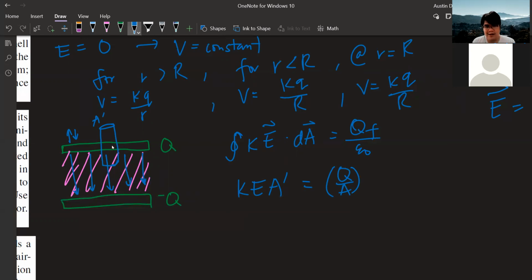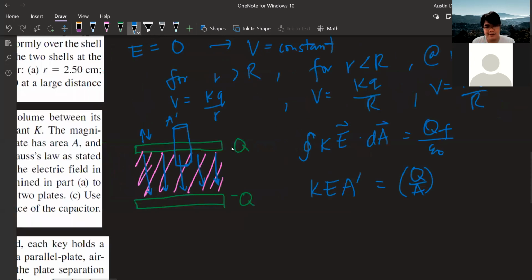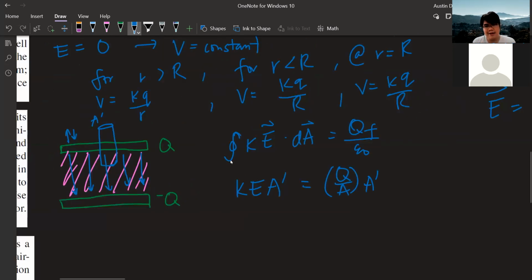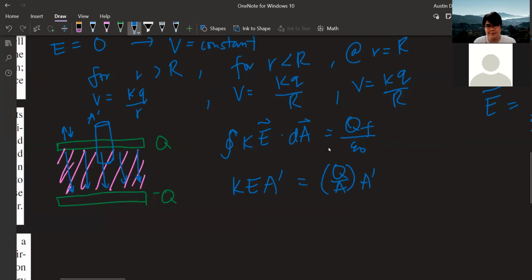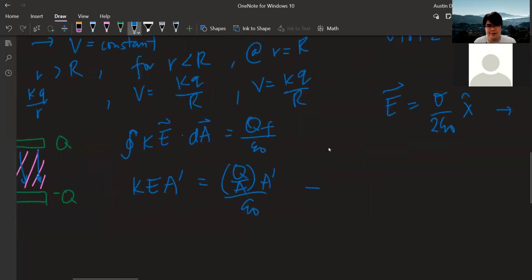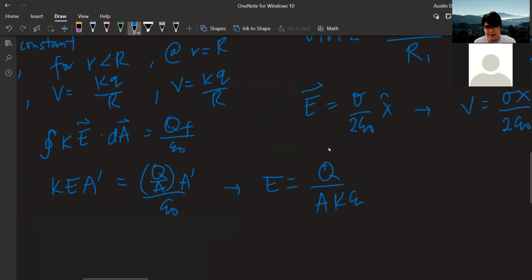So, may A na area dito sa parallel plate. So, that has its own density times A prime. Tama? Nagets nyo bakit? Epsilon naught. Okay? And then, this results to E equals Q over A epsilon. Okay? So, A prime cancels out.